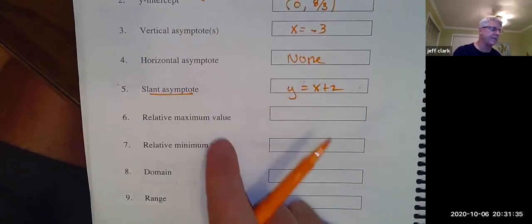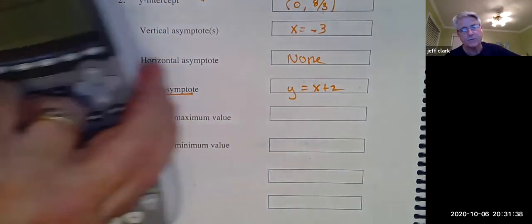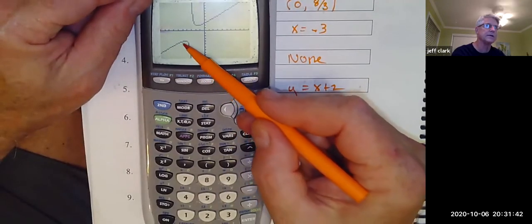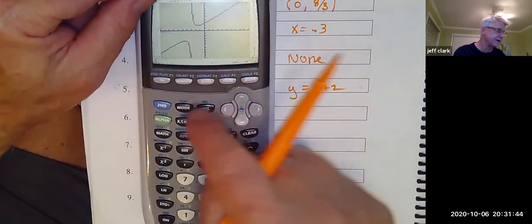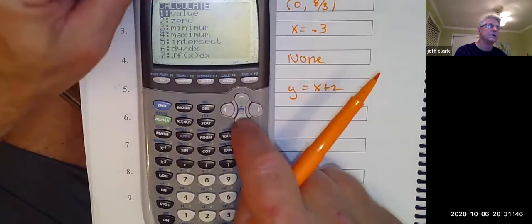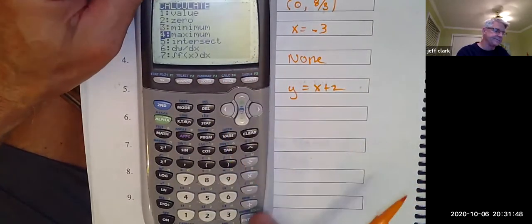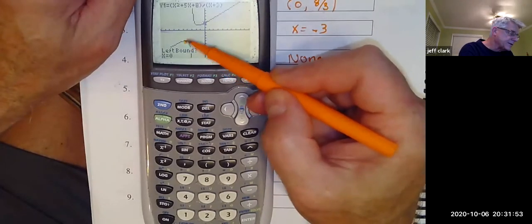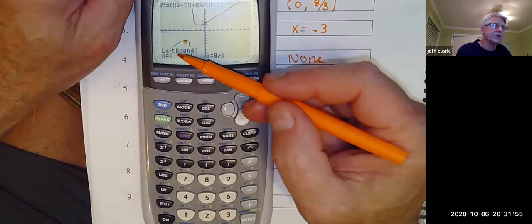Okay, relative minimums and maximums. There's a relative maximum right there. Remember, it's a y value, so I go second calc, maximum. I want the left bound.